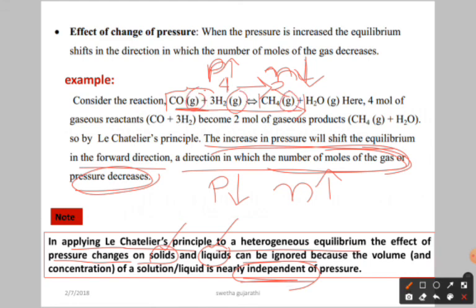The volume of a solid or liquid is nearly independent of the pressure, so there won't be a pressure effect on solids and liquids.